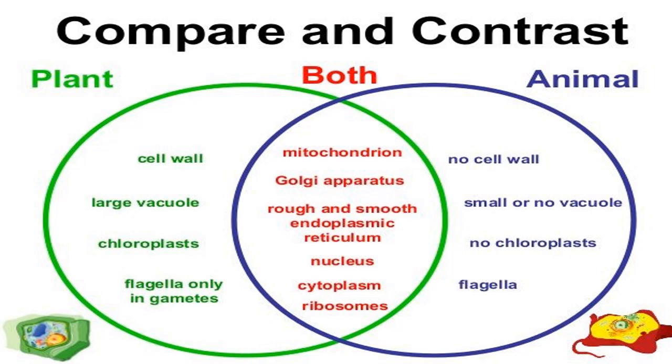This is the only organelle found only in plant cells. Okay, let's compare and contrast plant and animal cells. A plant cell has a cell wall, a large vacuole, and chloroplasts, but animal cells do not have a cell wall. They have no vacuoles, but sometimes you can find small vacuoles.